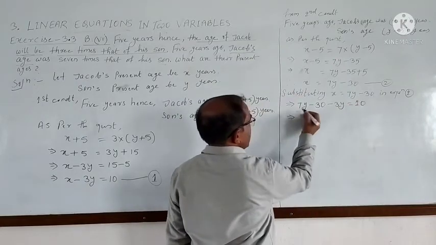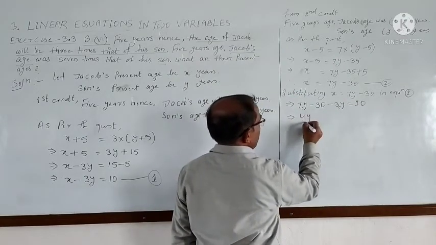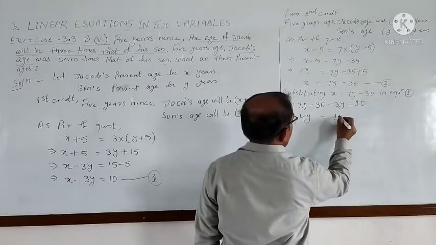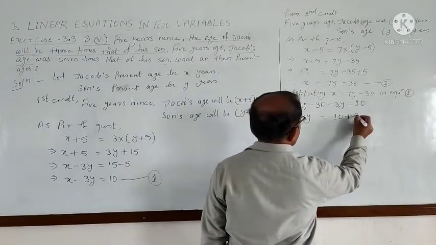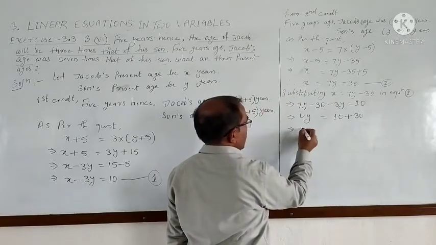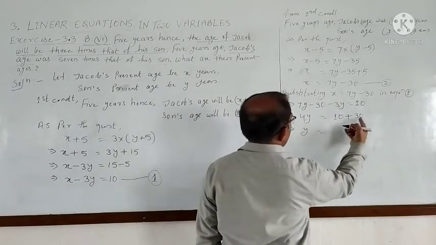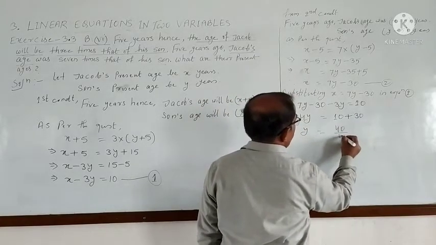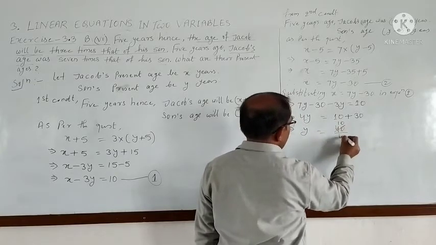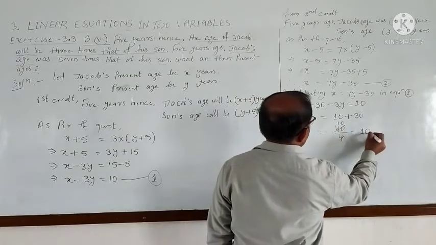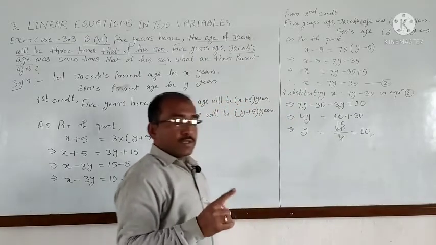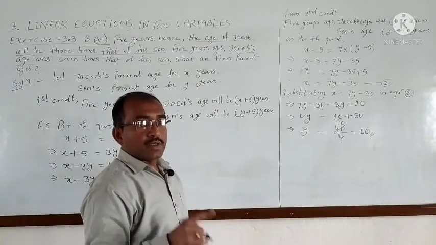We can simplify 7y minus 3y, we will get 4y is equal to 10 plus 30, 30 will go to the RHS. And then 4 also we take to the RHS, 30 plus 10 is 40, 40 by 4, 4 10s are 40. So y is 10, that means the son's present age is 10 years.